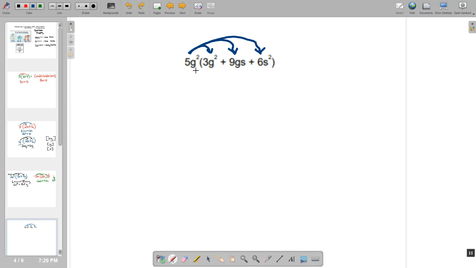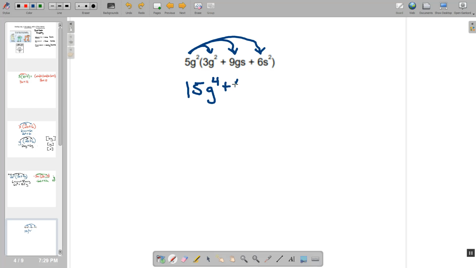So we're going to do 5g squared times 3g squared, which is going to be 15, and then g to the 4th, because we have 2 g's here, 2 g's here, combines together to be 4 total g's. We have 5g squared times 9gs, which is a separate variable.